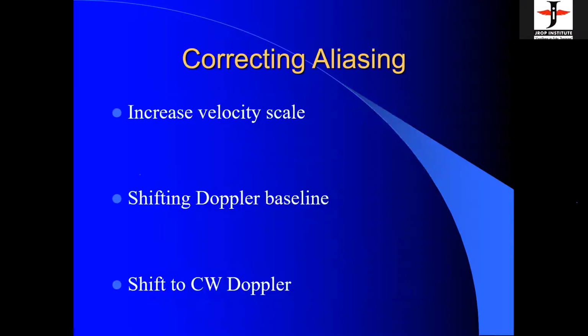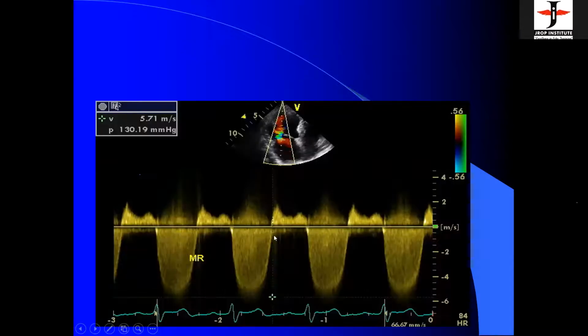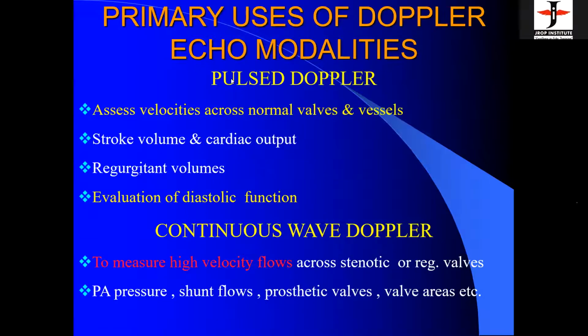So the best is always to shift to a CW Doppler. This was only for the purpose of telling you, but shift to a CW Doppler, and this will give you no aliasing. So remember, all high velocity flows by CW, low velocity flows by pulse Doppler. So now you can know in which situation the pulse Doppler is used.